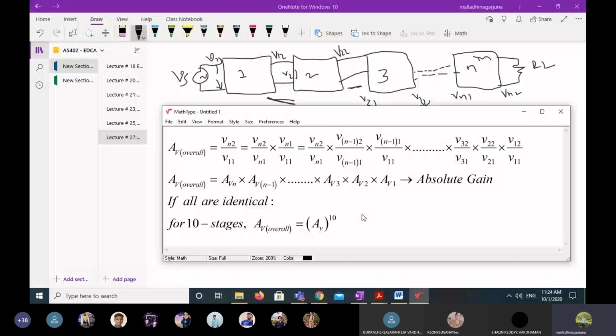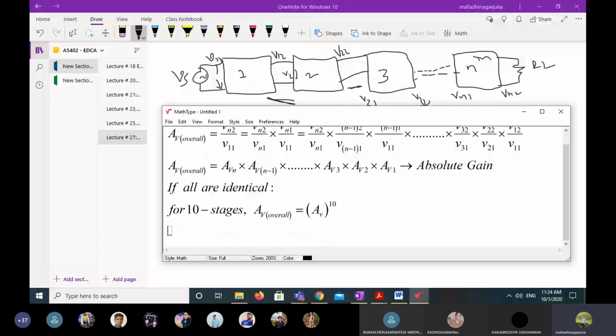Before going to the decibel gain, the gain is defined in units of bel. One bel is equal to 10 dB, 10 decibels.